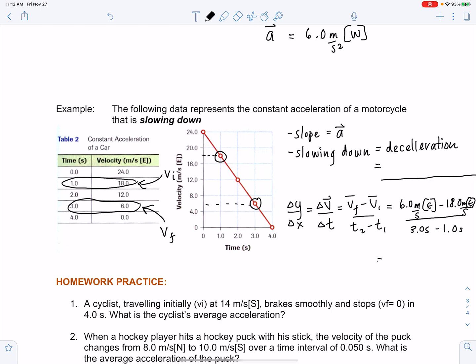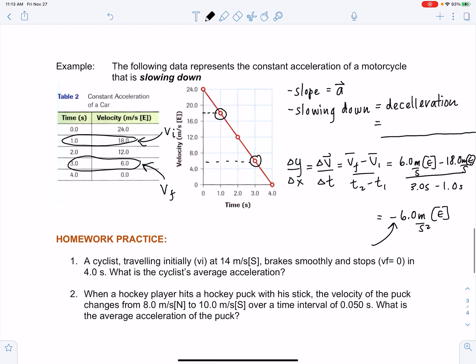We end up with negative 6.0 meters per second squared east. This negative sign, when dealing with an acceleration, tells us that the object is slowing down. So the acceleration is negative 6 meters per second squared east. Deceleration is also called negative acceleration.